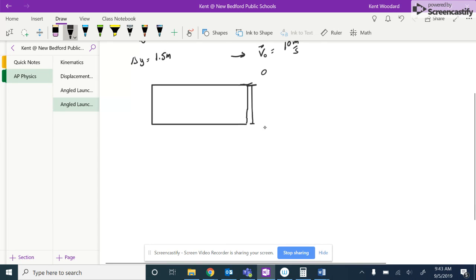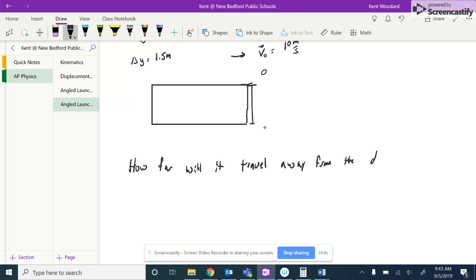The question that we have is how far will it travel away from the desk? So it's traveling off in this direction. How far is it going to go from the desk?